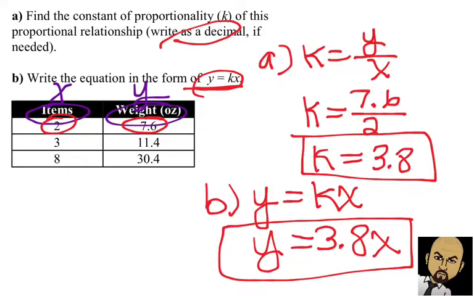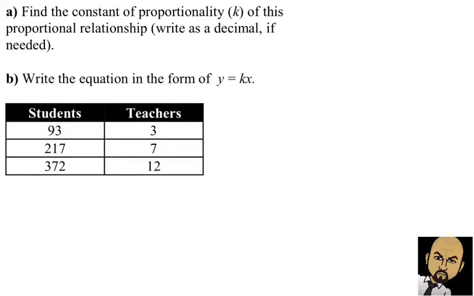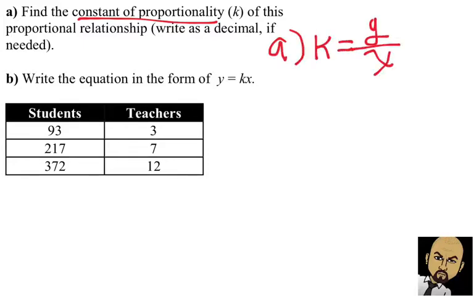Okay, let's try another problem. Same thing here, another table. Find the constant of proportionality. We're going to use the equation: the constant of proportionality is equal to y divided by x. Now we're going to substitute our y values, but again, this table is not labeled x and y, but the first column is going to be x and the second column is going to be y.